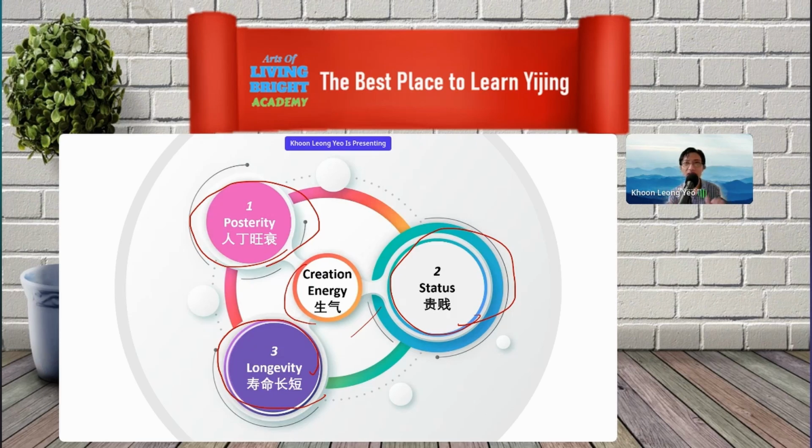Okay, so good. So you see, the back dragon straight away can tell you 3 sets of information about the occupants in the house. Number 1, posterity, 人丁. Number 2, status, 高见. Okay, and number 3, longevity. And they say, but the car park road behind the block, is it considered cut off? Not really.